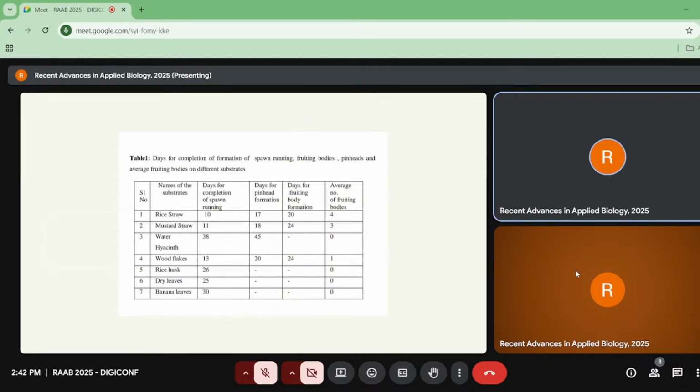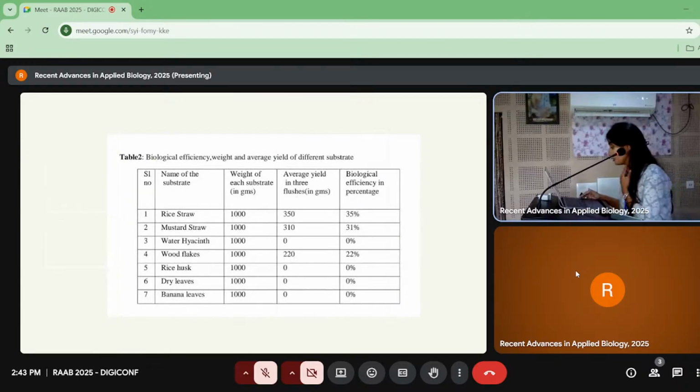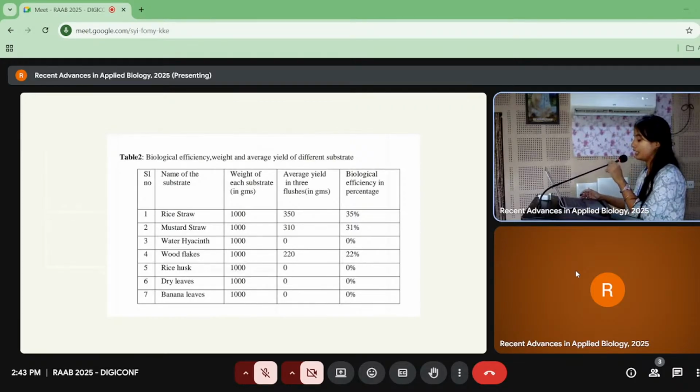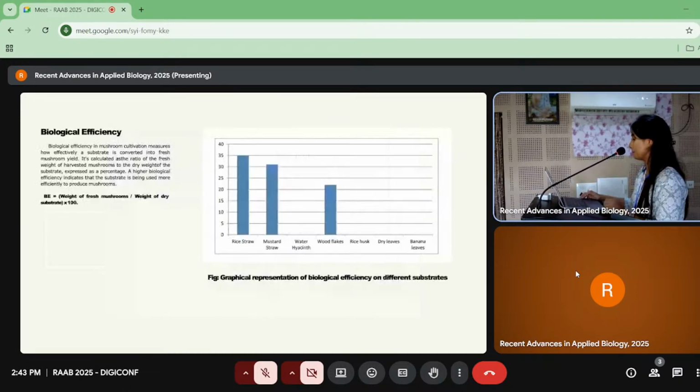As you can see in the slide, rice straw provided the highest yield, followed by mustard straw and then wood flesh. Talking about the lowest yield, water hyacinth, rice husk, dry leaves, and banana leaves showed almost zero yield.